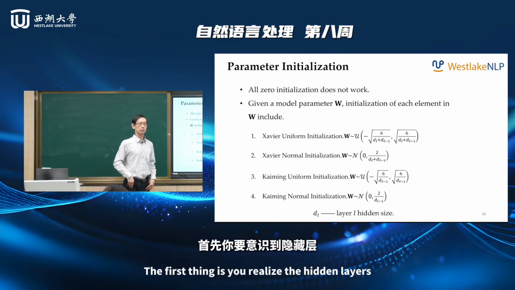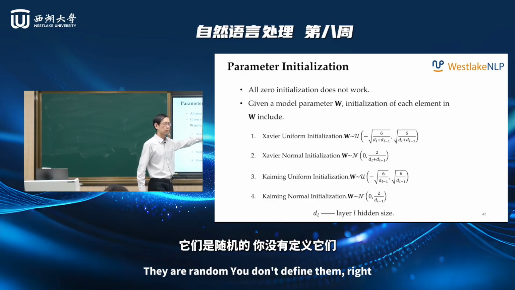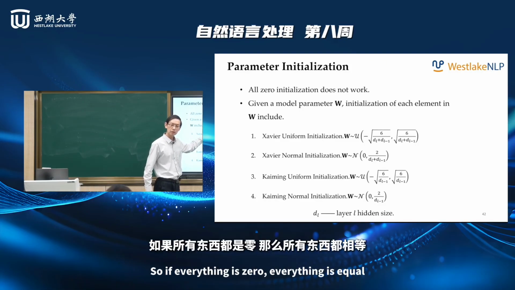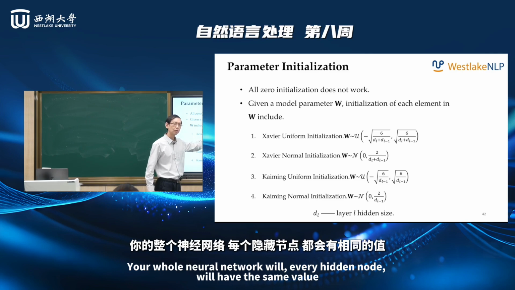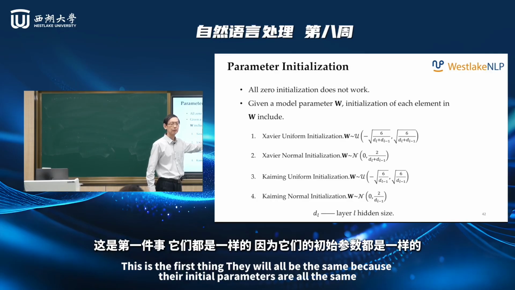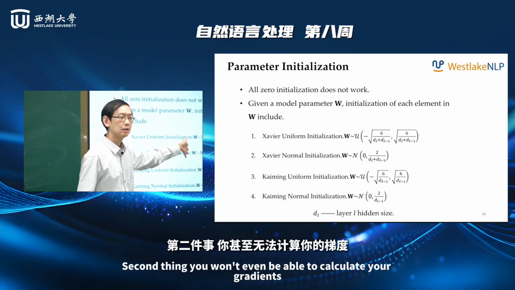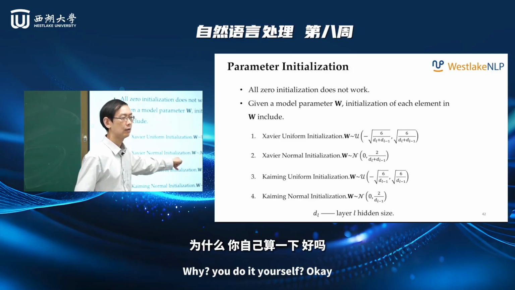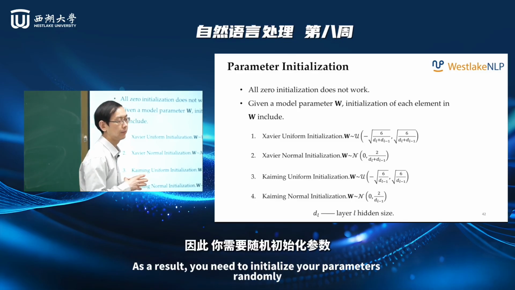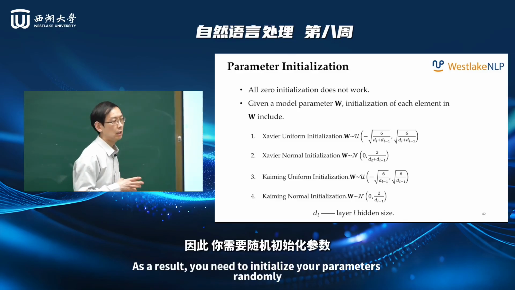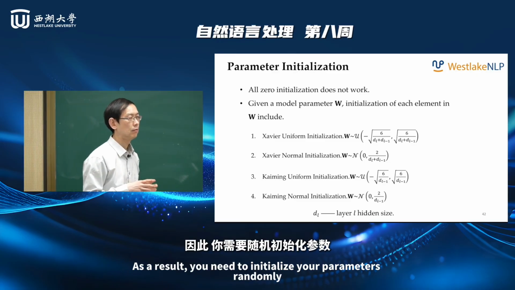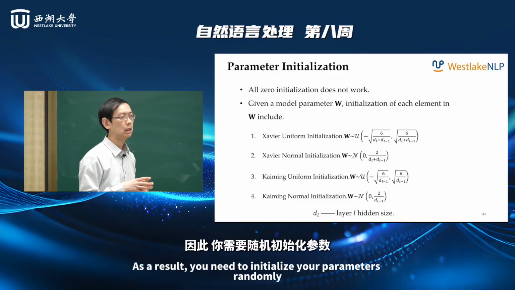The first is the hidden layers: you don't define them, so if everything is 0, everything is equal, and every hidden node will have the same value, because their initial parameters are all the same. Second, you won't even be able to calculate their gradients. Why? You do it yourself.